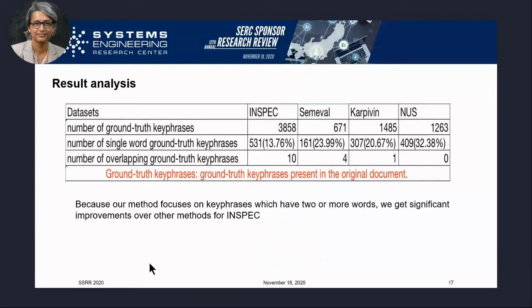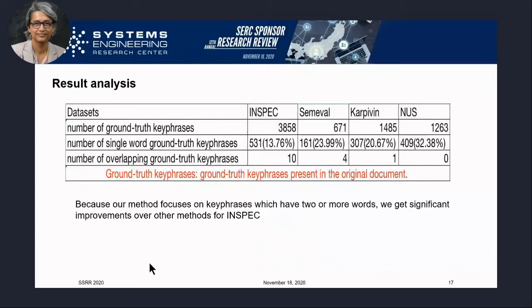We also looked at the number of overlapping ground truth key phrases, meaning key phrases where some part of the key phrase is present in another key phrase, and we are showing you how that number changes as well. Because of the way we constructed key phrases, where we force them to be 2 or more words, we will not do well whenever there are too many single word key phrases.